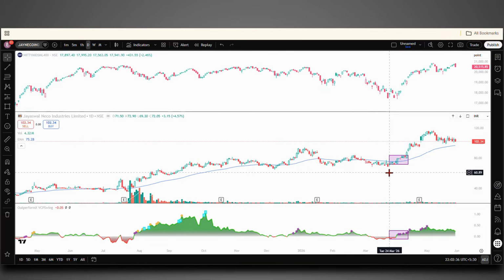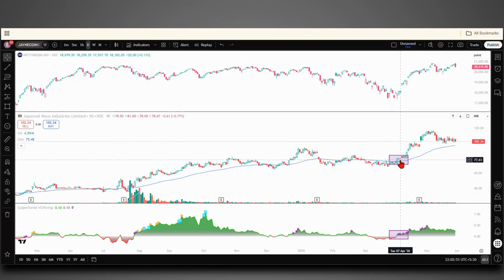As for the first example, Jainico Industries, here I can see that during this time period, the market had many fluctuations, but during the same time, the stock gave a strong start here on this day and was consolidating later near the highs.